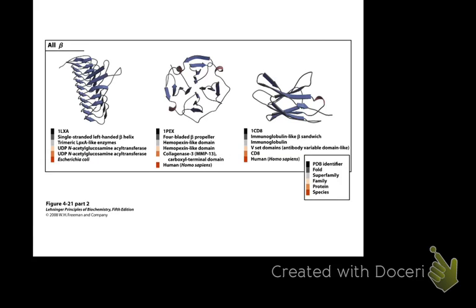You can have stuff that's all beta. One nice thing I like with enzymes is if you look at the one on the left, one of the proteins that looks like this is UDP N-acetylglucosamine acyltransferase. So what kind of function do you think it does? It transfers, and what does it transfer?